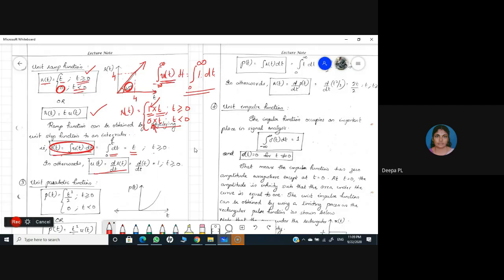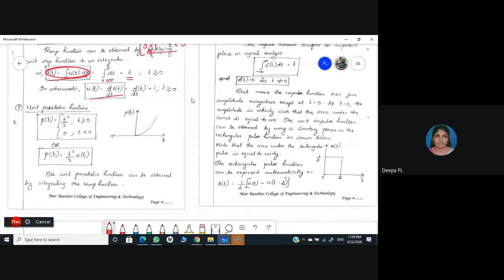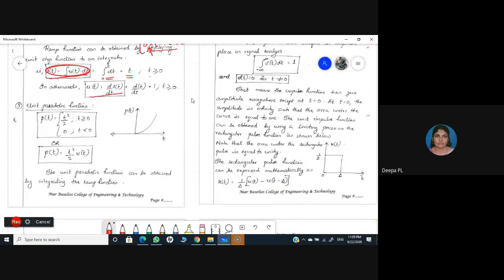Now you have the third signal, known as the unit parabolic signal. The unit parabolic signal is defined by the expression p of t equal to t square by 2 for t greater than or equal to 0, and 0 for t less than 0. I can write p of t as 1 into t square by 2 for t greater than or equal to 0, or 0 into t square by 2 for t less than 0.